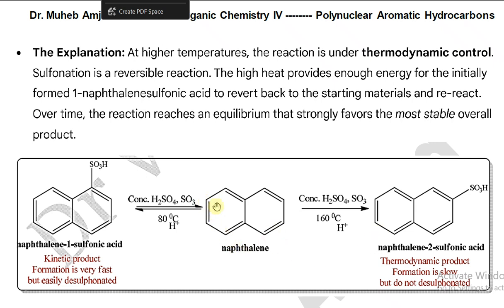The alpha reaction is easy, but it is easily desulfonated and goes back to the starting material. This easy reaction is reversible, and this slow reaction is not reversible. This is the difference between them at high temperature.